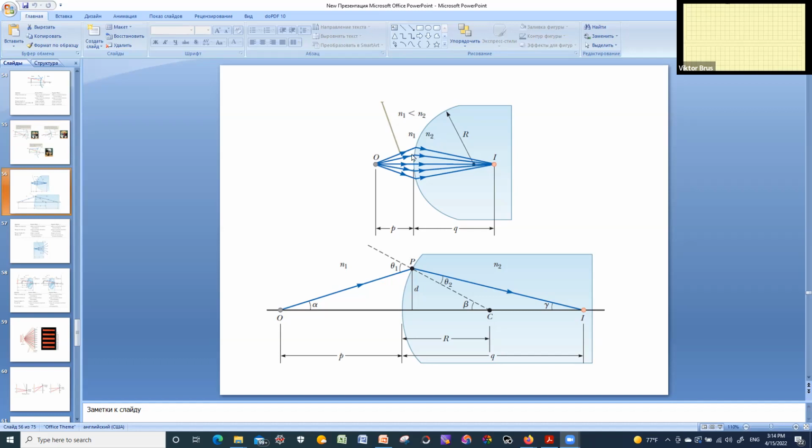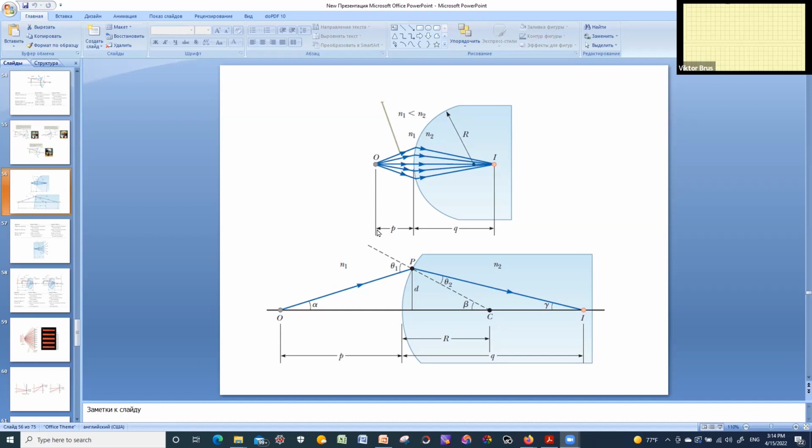And we observe some refraction of incident light, and these refracted rays appear to converge out of this point I, which is the image of the object, this point object O.